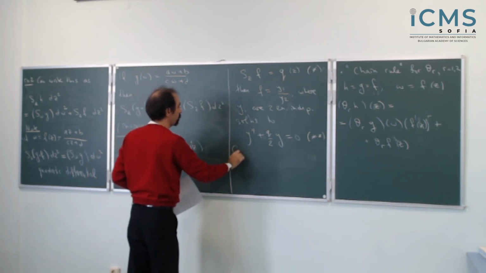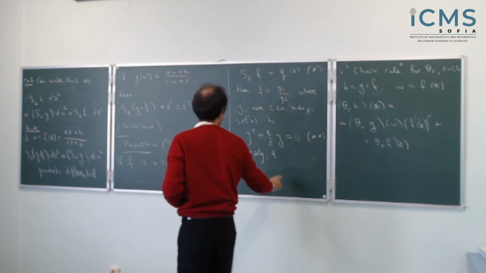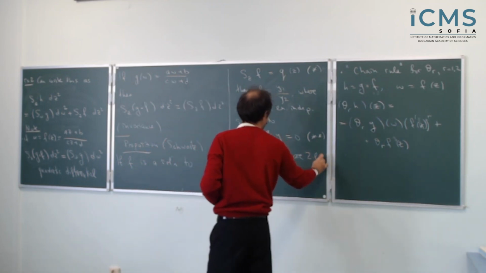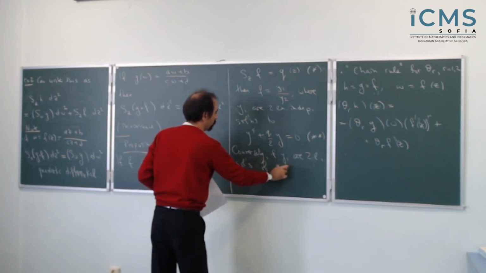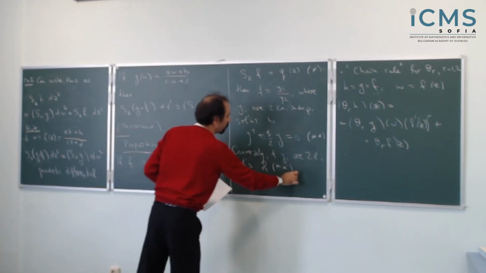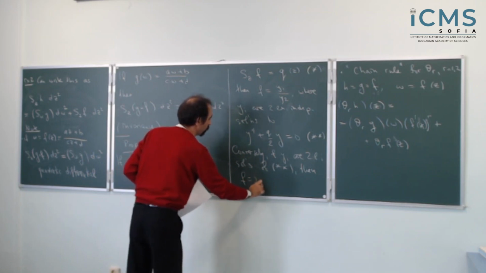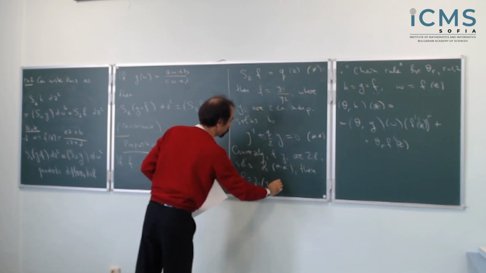So conversely, if yi are two linearly independent solutions of double star, then the ratio f, which is y1 over y2, satisfies the equation on top.